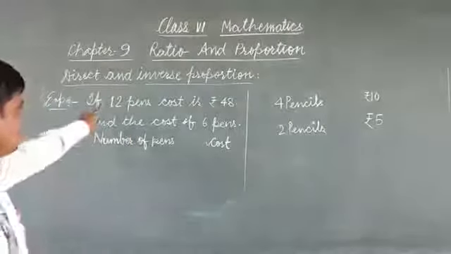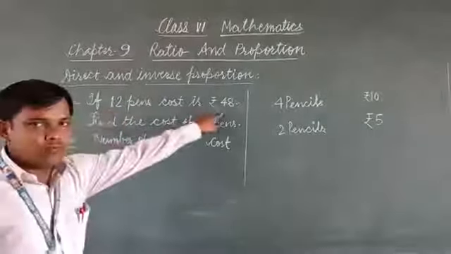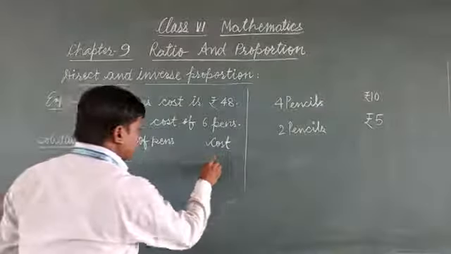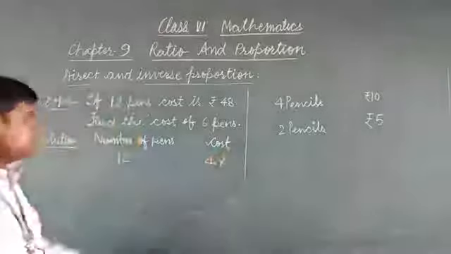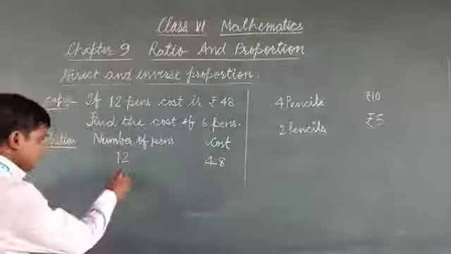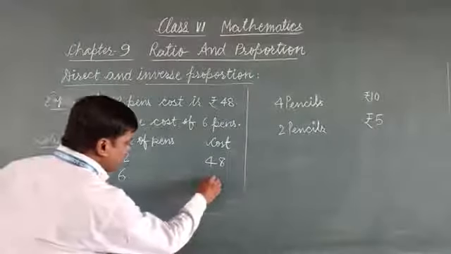Now 12 pens cost is 48. So 12, 48. Then the cost of 6 pens we have to find. For 6 pens the cost is not given.